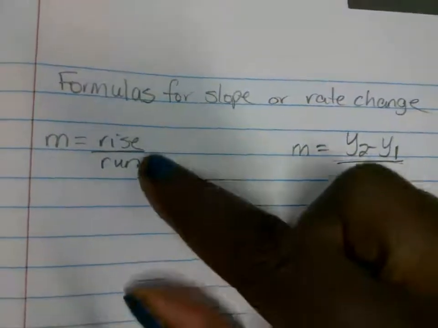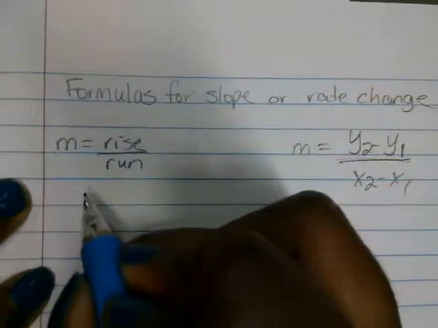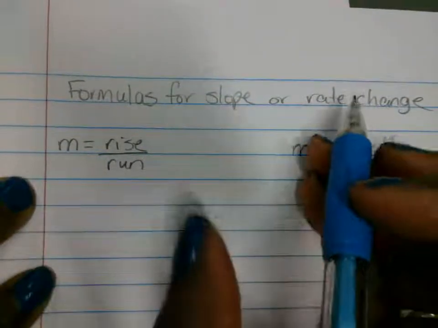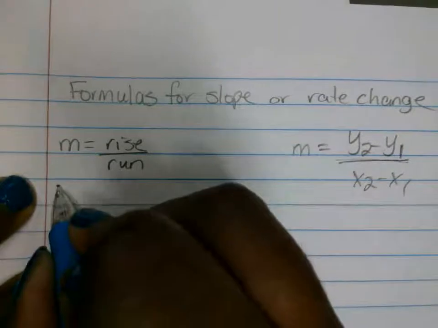When do you use rise over run? You use rise over run to find the slope or rate of change of a line.